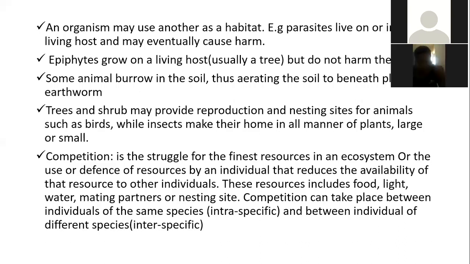That is where they will nest. That is their habitat. So tall or short trees are nesting places and reproductive sites for insects and birds.